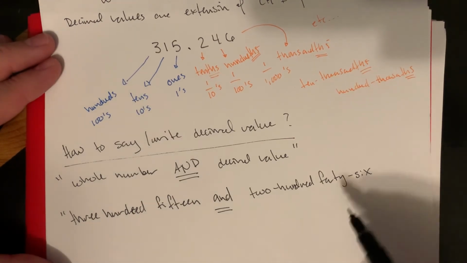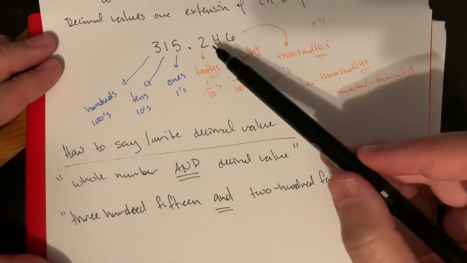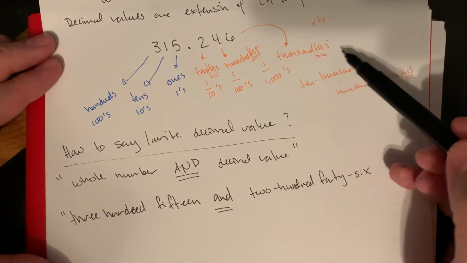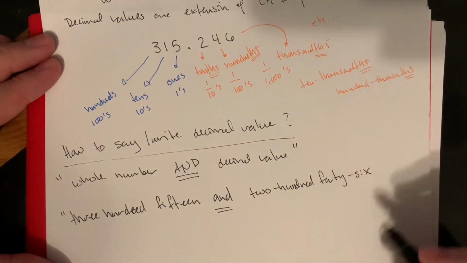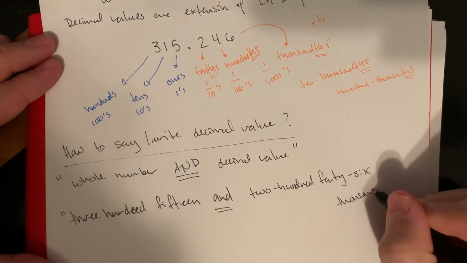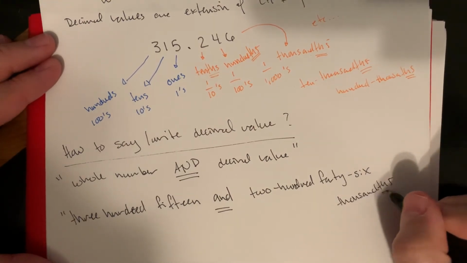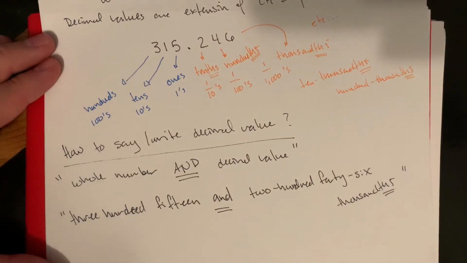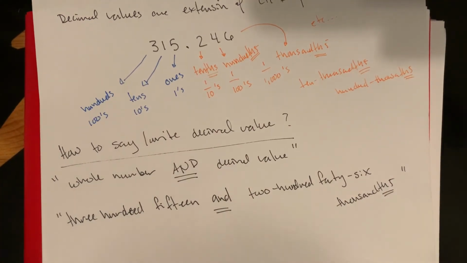You go 246, and then you go to the last place value, the thousandths. You say 246 thousandths. So 315 and 246 thousandths.